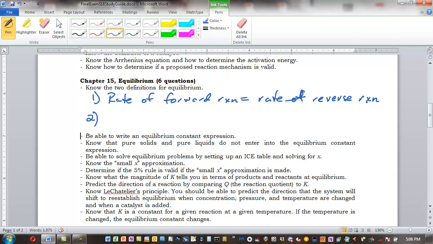What is a second definition? It has to do with concentrations.